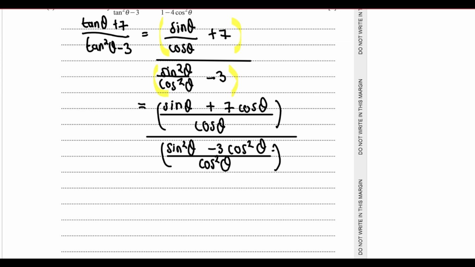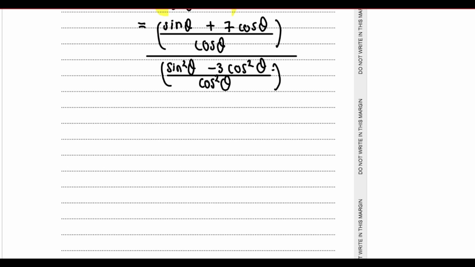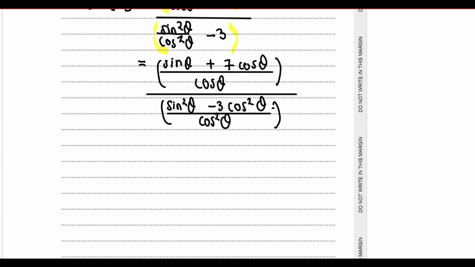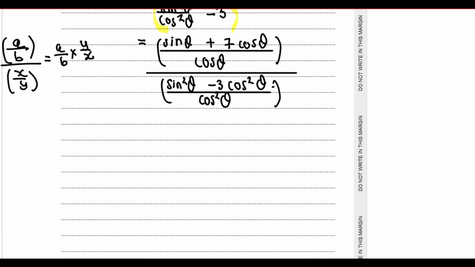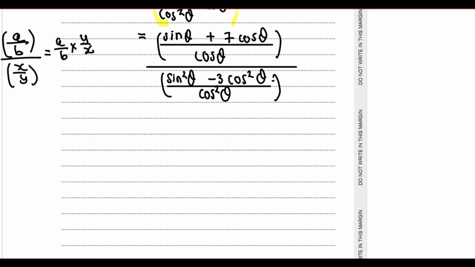Now you need to use this rule. If you have a over b divided by x over y, it becomes a over b times y over x. Division becomes multiplication, and you flip the bottom one.